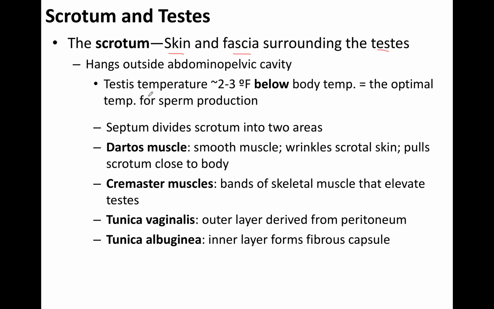So this is why the scrotum has to hang away from the body wall. If not, then the testes are going to be too warm and sperm production is going to go down. If your testes are hanging too far away from the body, then that means the testes are too cold, and again, sperm production is going to go down.